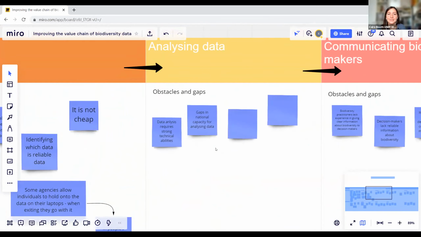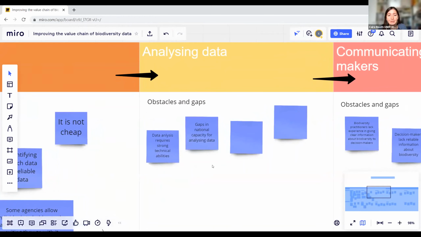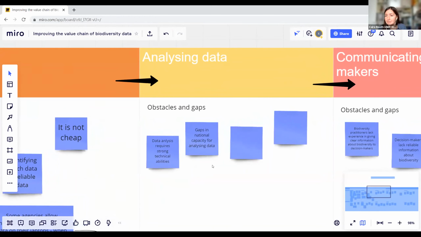Analyzing data. Now this, again, is quite a technical one, certainly not my area of expertise, but I'd love to pad out the obstacles and gaps around this. At the moment, we've got data analysis requires strong technical abilities, absolutely. And I think that's often a core area where teams who are doing a biodiversity mainstreaming project need capacity development.